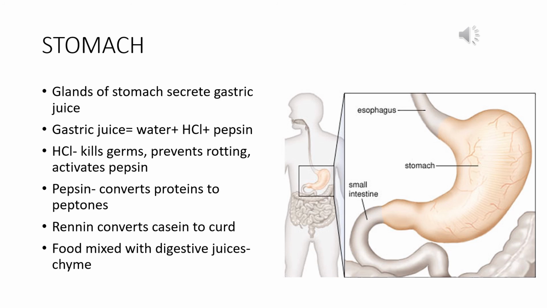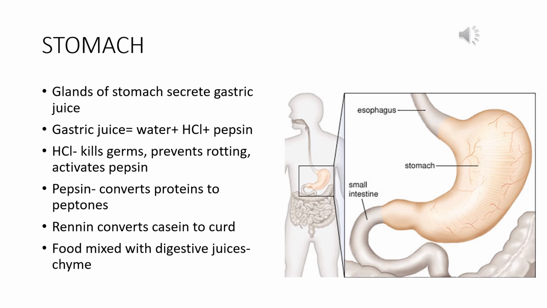As the food reaches the stomach, the gastric juice starts to secrete. And pepsin, after it gets converted into its active form, converts the proteins that are present in the food to peptones. So the protein that was present in a very complex form has been broken down into a simpler form, which is called peptone.